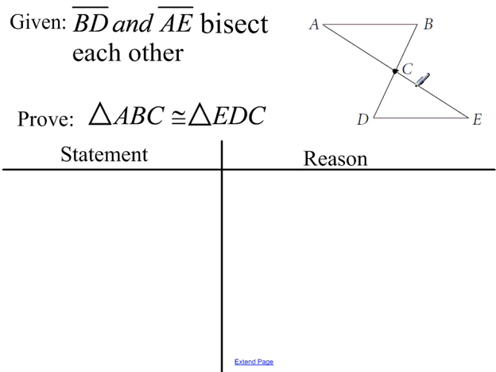So since C is the midpoint of those lines, that must mean that BC is congruent to CD. And since they bisect each other, we can also say that the other one, AC, is congruent to CE.